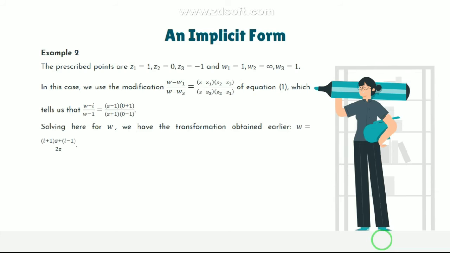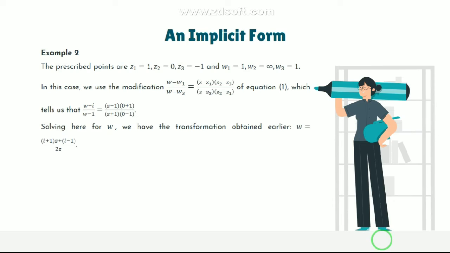In the second example, the prescribed points are z1 equal to 1, z2 equal to 0, z3 equal to -1, and w1 equal to i, w2 equal to infinity, and w3 equal to 1.